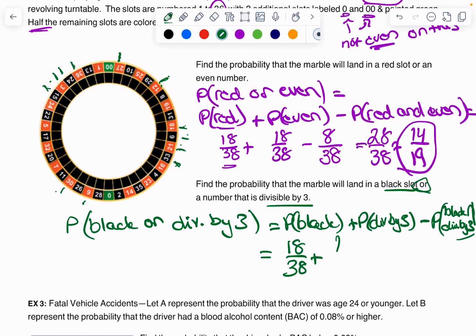Yes, there should be 12. So 12 that are divisible by 3 out of 38. Now, the probability of black and divisible by 3.